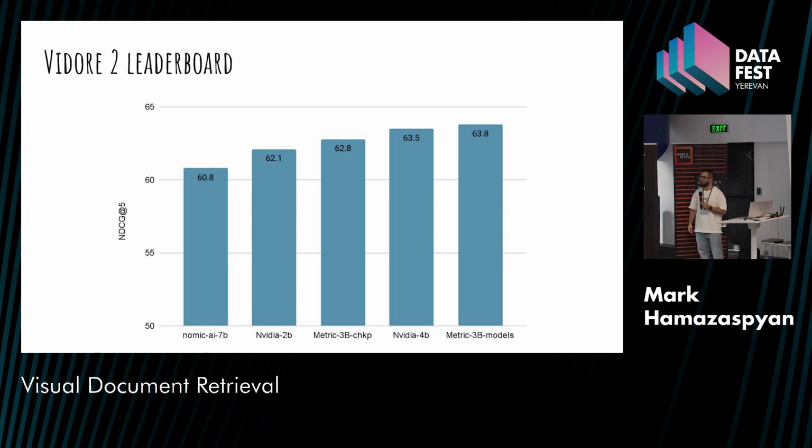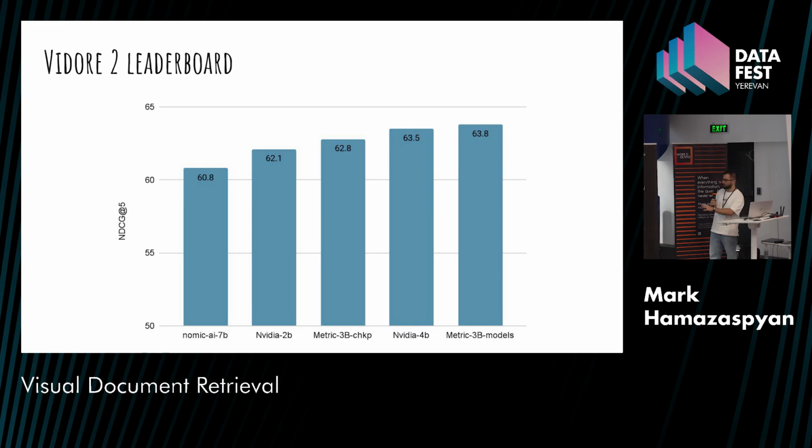Right now, we have 2 in-house models that we haven't published in open source yet, scoring 63.8 and 62.8 on the Vidore 2 leaderboard. That is the top 1 and top 3 ranking right now.